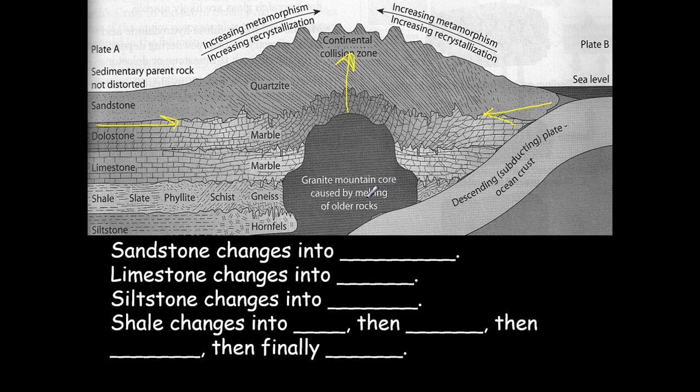Then finally, we take this piece of schist and add more heat and pressure to it, and it becomes gneiss. So yes, this is an earth science joke. Only here in earth science can you take a piece of schist and turn it into something nice. Now, I do not suggest that you try this at home.